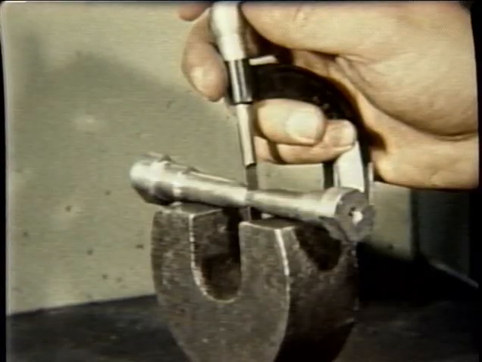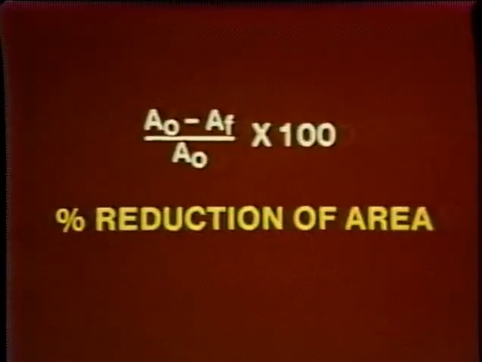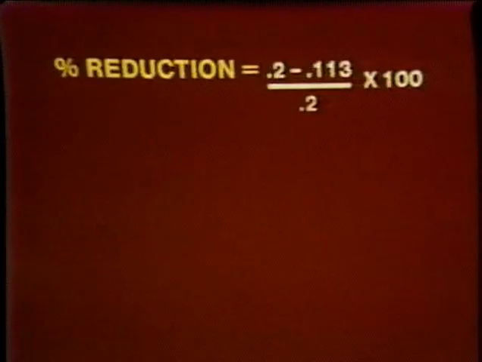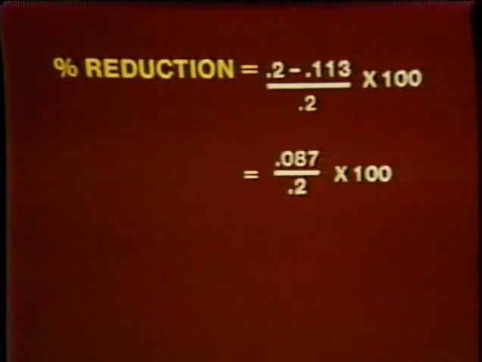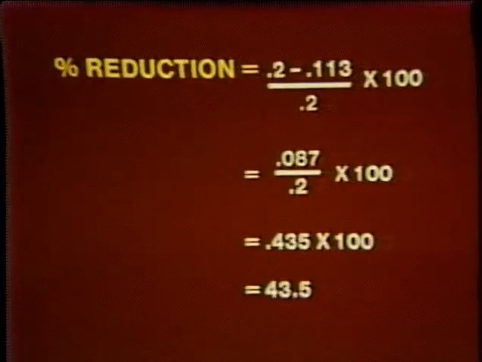To measure the reduction of area, measure the smallest cross-section of the fractured specimen with calipers or micrometers. The difference between the original and final area is divided by the original area, then multiplied by 100. In this case, the percent reduction of area is 43.5%.